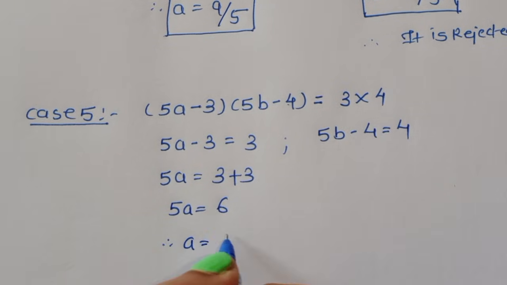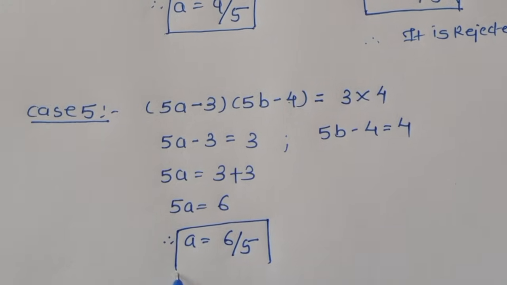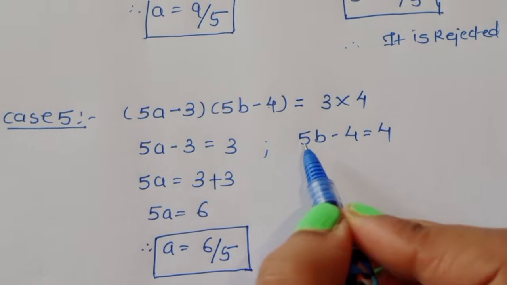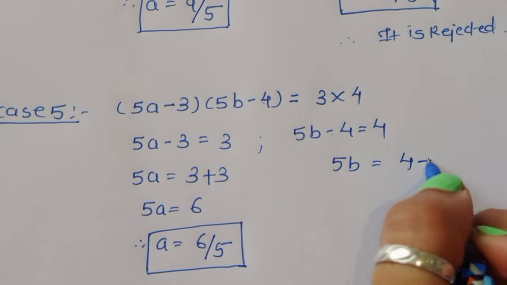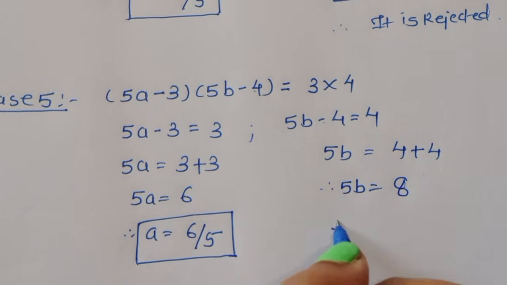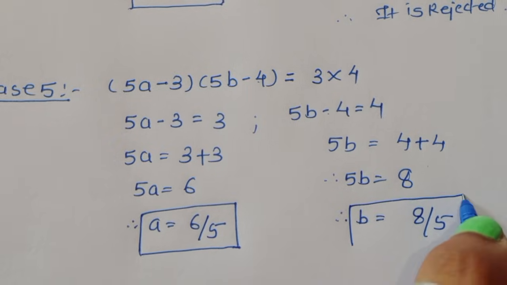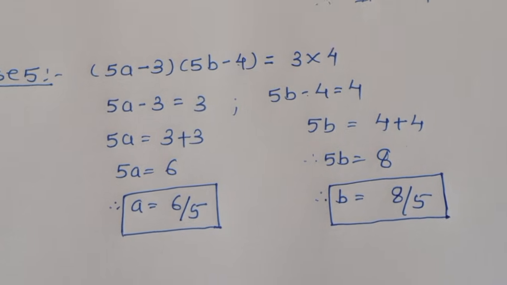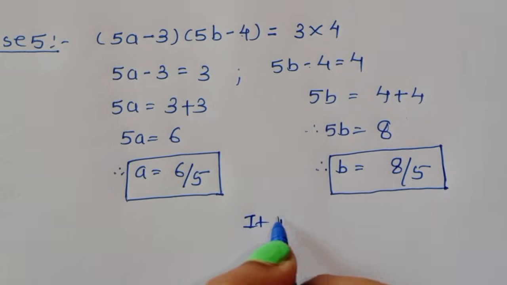Therefore a equal to 6 upon 5. This is the value of a from case 5. And for the value of b from case 5, 5b equal to 4 plus 4 is 8, therefore b equal to 8 upon 5. Again same thing, a, b belong to integers, as given in the question, but that is not satisfied here, so it is rejected.